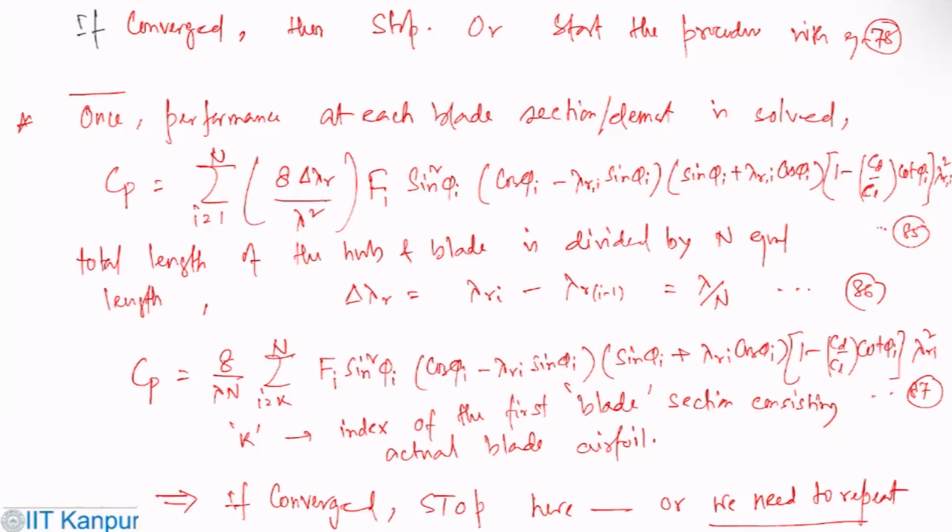Now what we can move on and look at is this CP versus lambda curve. Once the blade has been designed, this curve we can plot.